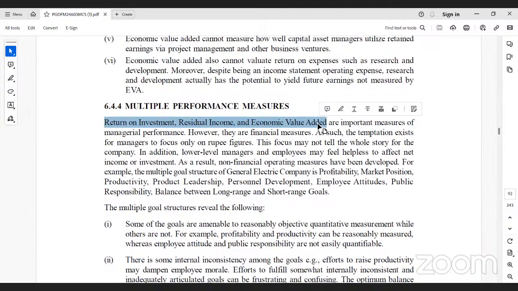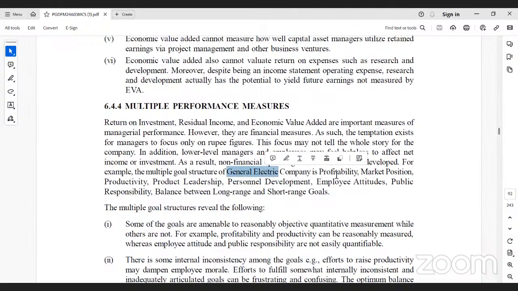Some non-profit measures are also very important. See the multiple goals structure of a company like GE, General Electric Company. Profit is one, then market position of the company, productivity of the company, product leadership, personal development, employees' attitude, public relations, and balance between long-term as well as short-range goals.